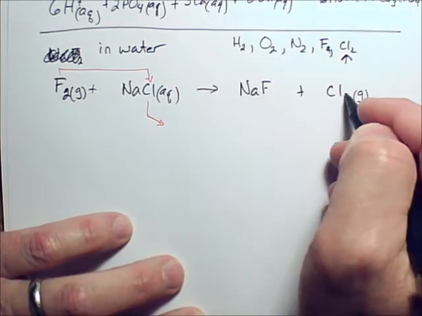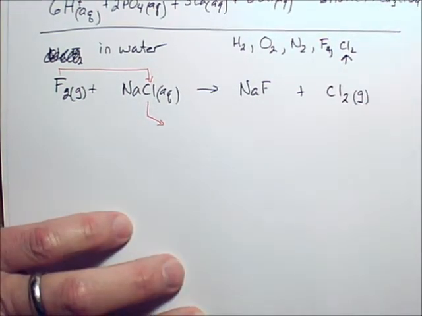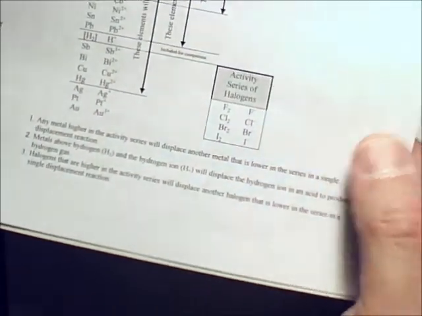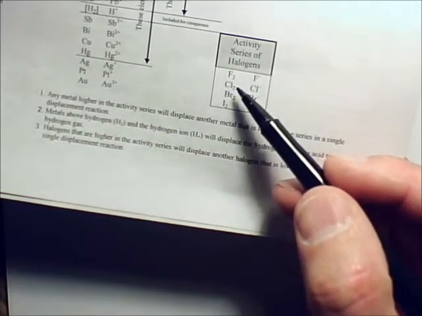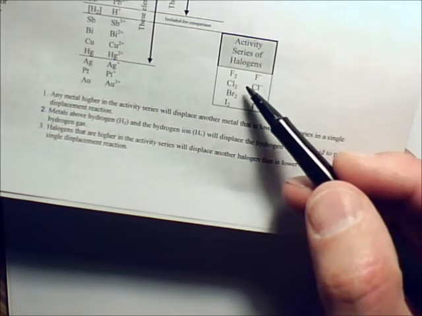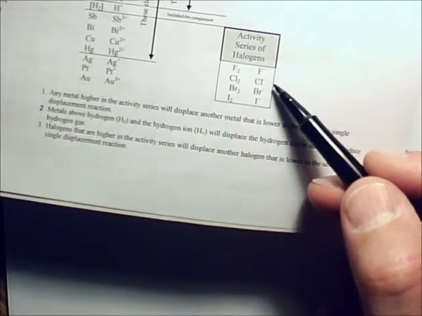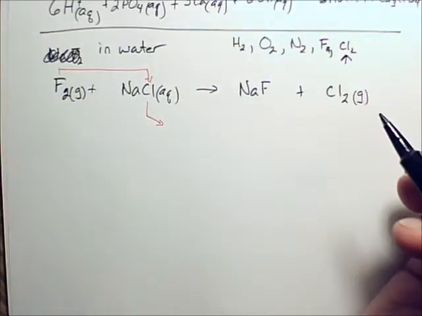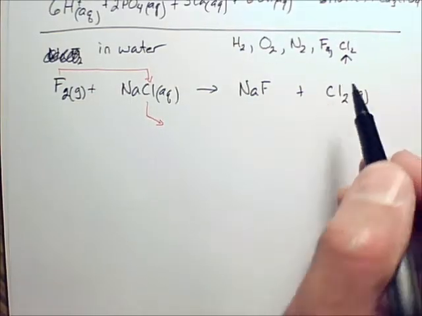It's going to be two of them. It's Cl2. In fact, you don't have to look there. It's right here. It says Cl2 there. When it's by itself, it's Cl2. When it's an ion, it's not. Okay? Necessarily, anyway.